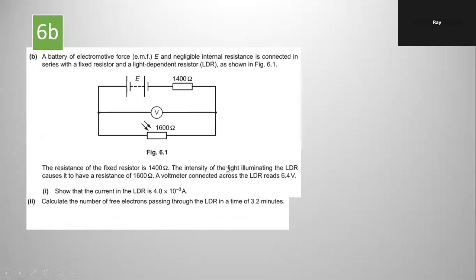The intensity of light illuminating the LDR causes it to have a resistance of 1600 ohm. Voltmeter reading is given, 6.4 V. Show that the current in the LDR is 4 times 10 to the power minus 3 ampere.